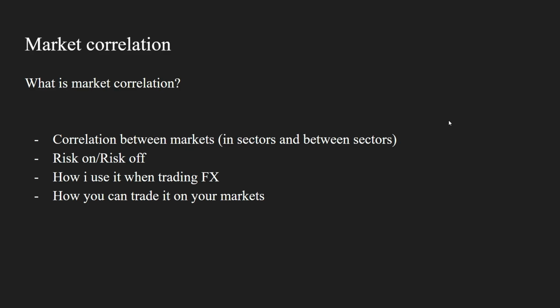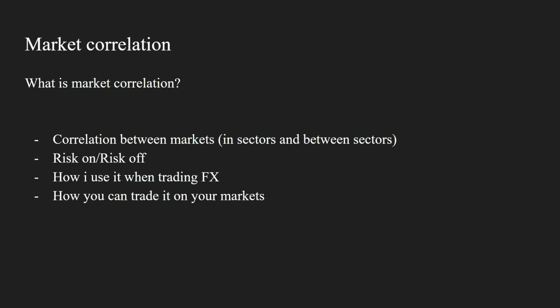Now we go to the second thing in external ICT. This is market correlation. What market correlation is simply that you use different markets in specific sectors to look at the correlation between sectors. A sector could be a commodity compared to a commodity.